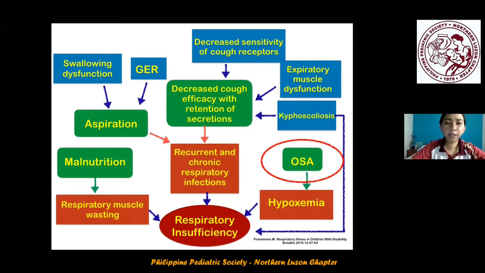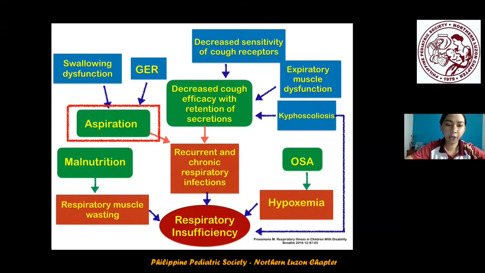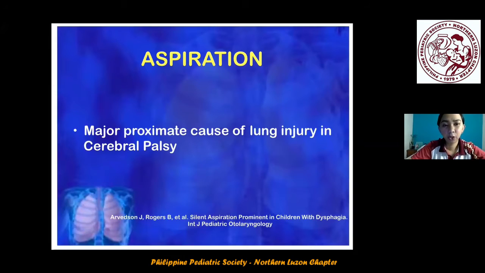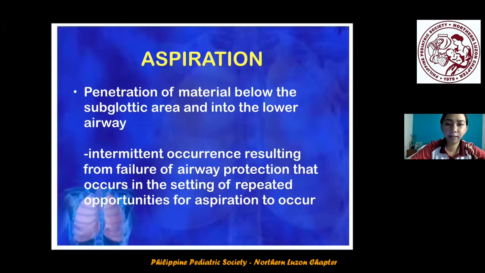We start our discussion with aspiration, since this is the major proximate cause of lung injury in cerebral palsy. As we all know, aspiration is the penetration of material below the subglottic area and into the lower airway. It occurs intermittently, resulting from failure of airway protection that occurs in the setting of repeated opportunities for aspiration to occur.